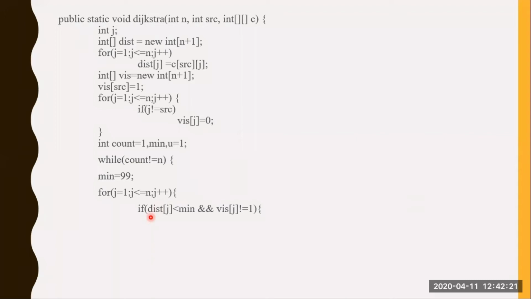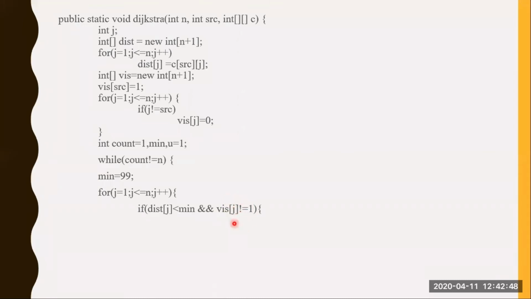How do I find the smallest distance? I'll check if the distance is less than minimum and that particular node is not visited. Only then am I going to consider it. Otherwise, the first time you are considering A to A as 0, the next time also it would consider A to A as 0. So A I would have made visited. Now next, A to B. If I want to take A to B as the minimum value in this iteration, B should not be visited.